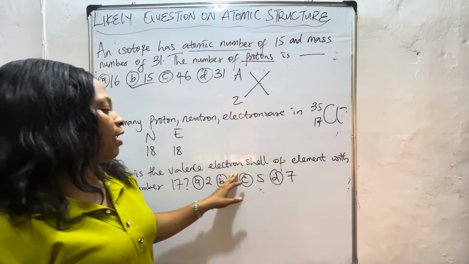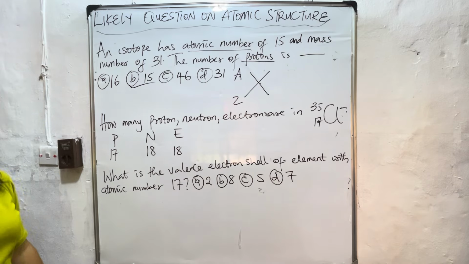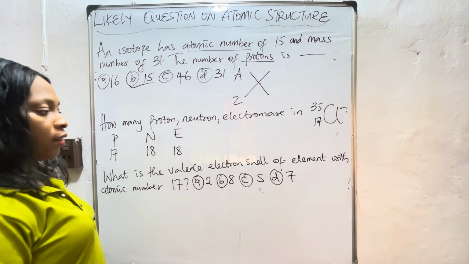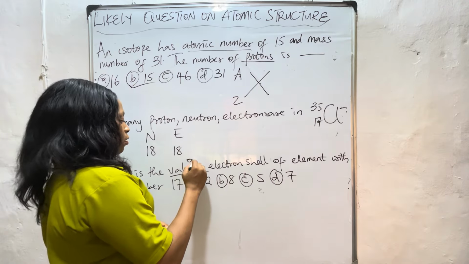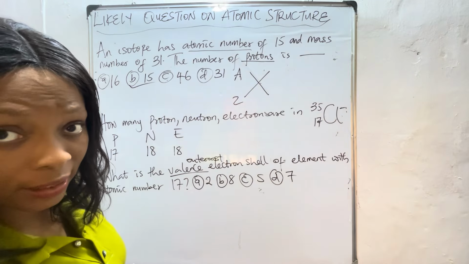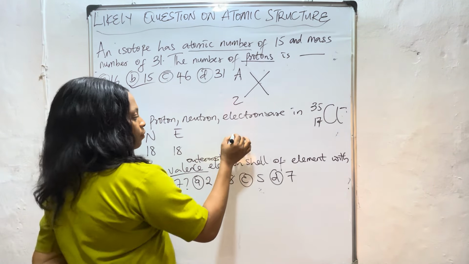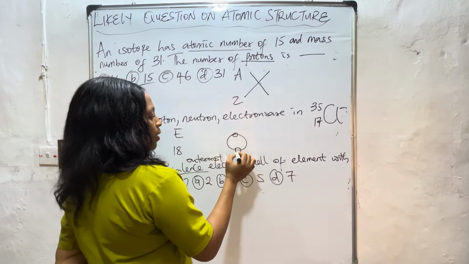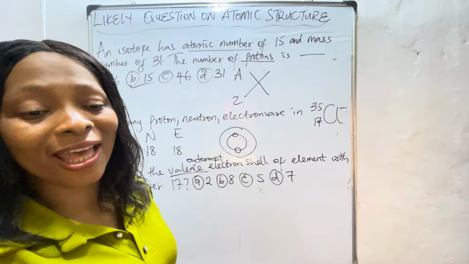What is the valency electron shell of elements with atomic number 17? Now, valency shell is the same thing as what? Outermost shell. Valency shell is the same thing as outermost shell. Is that taken? Okay, so let's look at the outermost shell. Let's draw it. The first shell holds 2 electrons, and for the other shells, the maximum they can contain is what? 8.